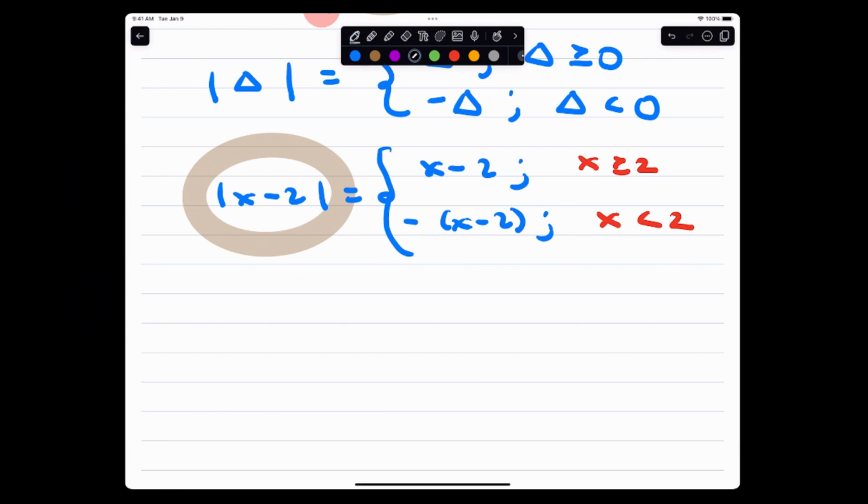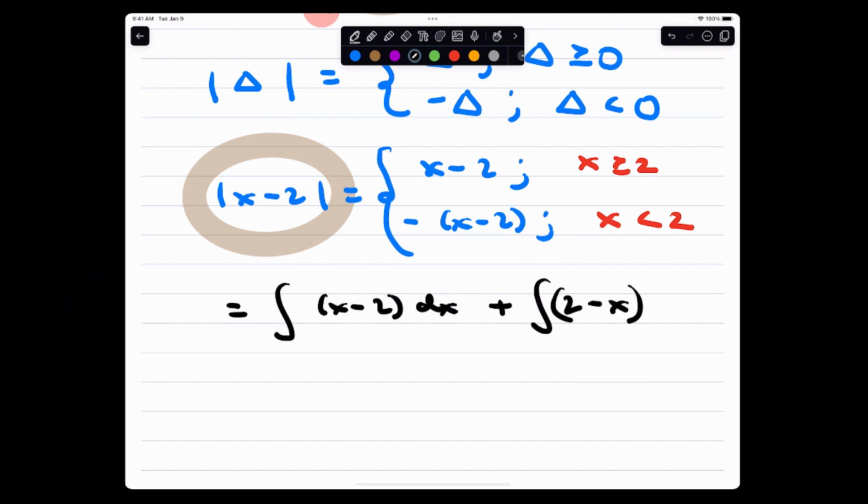This is really the first piece plus the what? Second piece. There's two integrals. Now you say, how did you get that next one? Well, do the same distribute. This is negative x plus 2, or 2 minus x. This will make everything a little bit easier.